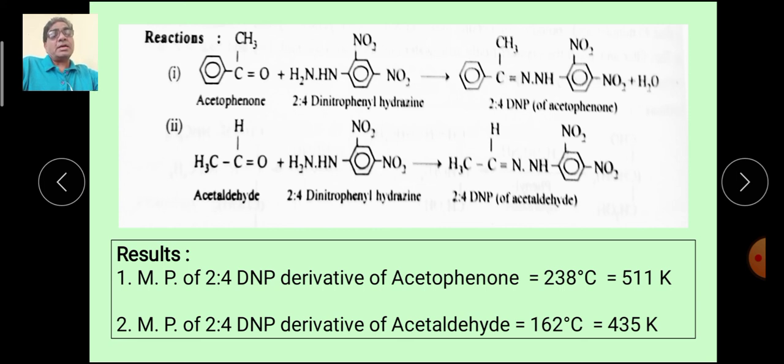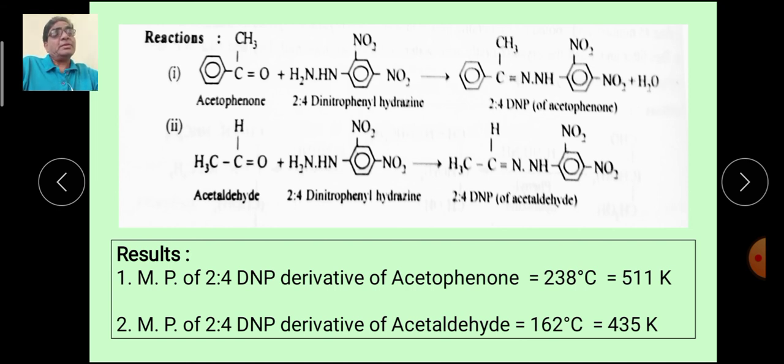The results are: first, the melting point of the DNP derivative of acetophenone comes to be 511 Kelvin. The second is the melting point of the 2,4-DNP derivative of acetaldehyde, which comes to be 435 Kelvin.